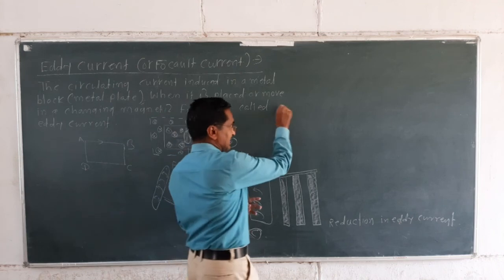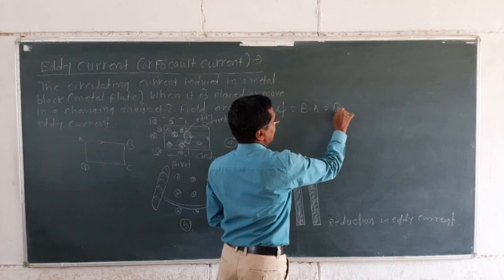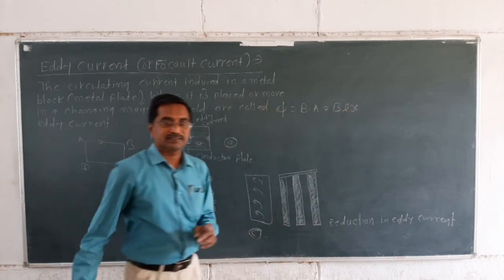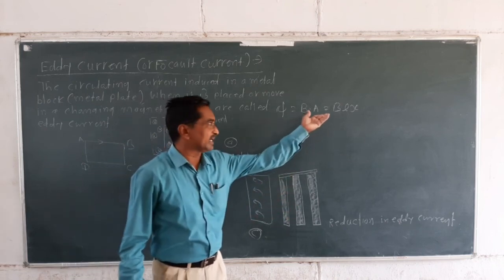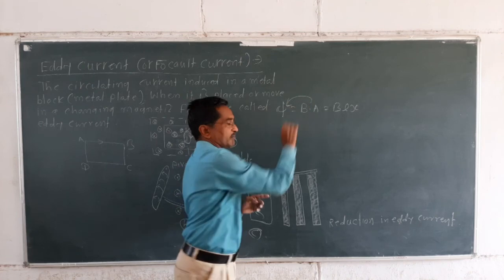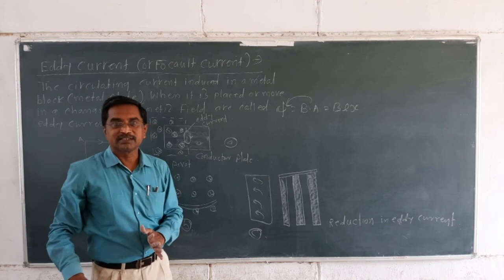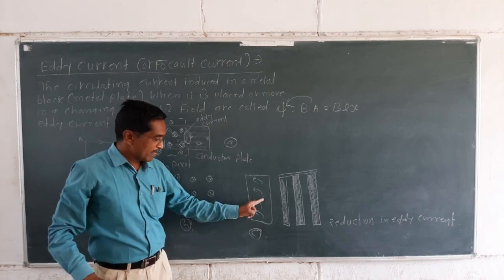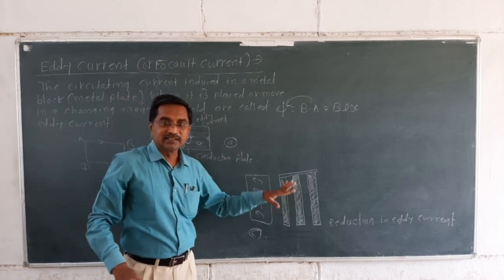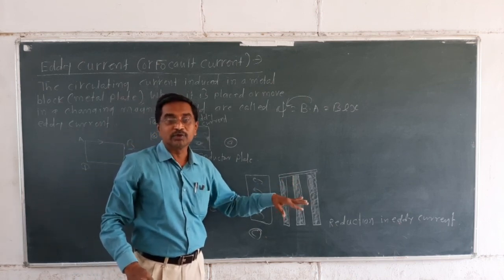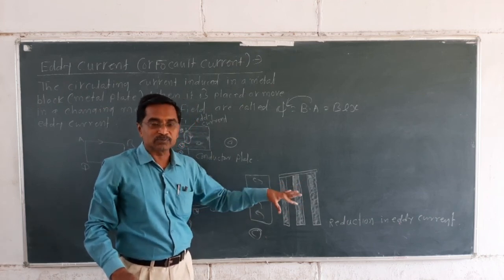And you know, phi is equal to B dot A, that is B A cos theta. By cutting, the area became smaller. As the area is reduced, the magnetic flux related to that coil is reduced. As the magnetic flux is reduced, the circular current which is generated here, that eddy current, gets reduced, so heat gets reduced, because when the eddy current is produced, heat is produced.